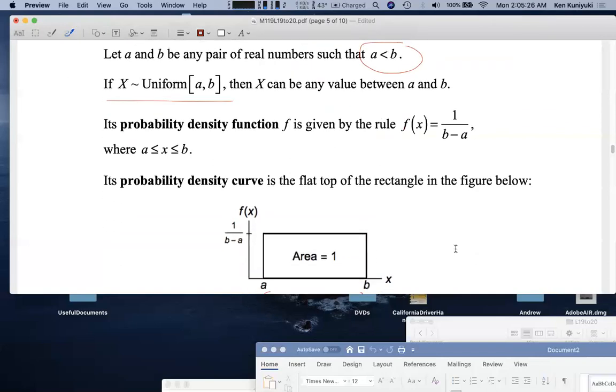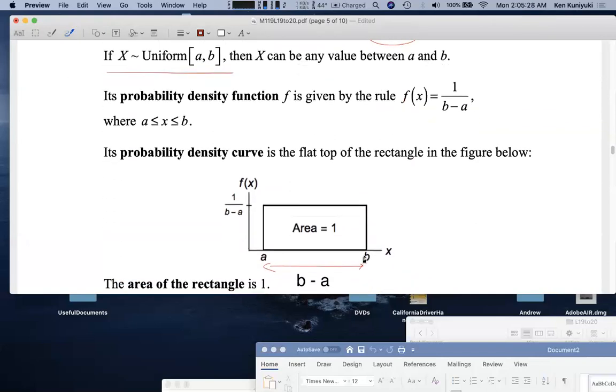All right, well, let's take a look at this picture. Now remember that total probability is 1. The total area of the rectangle here has to be 1. Now, if we're looking at possible values of x being between A and B uniformly, then the width or base of this rectangle is given by B minus A. That's the width or base of this rectangle.